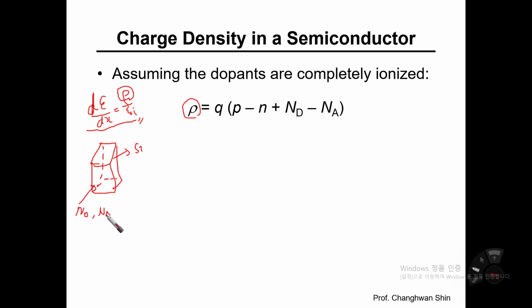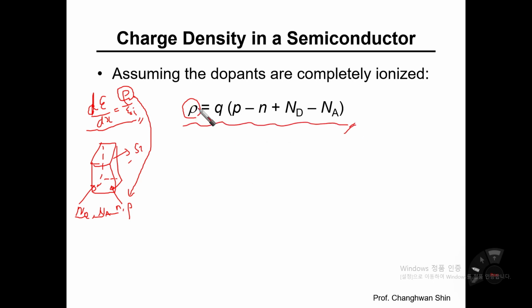Donors and acceptors, as well as it has its own electron concentration and hole concentration, right? So let's make a close relation and write up an equation relating charge density to the donor and acceptor concentrations and the electron and hole concentrations. The answer can be found here.